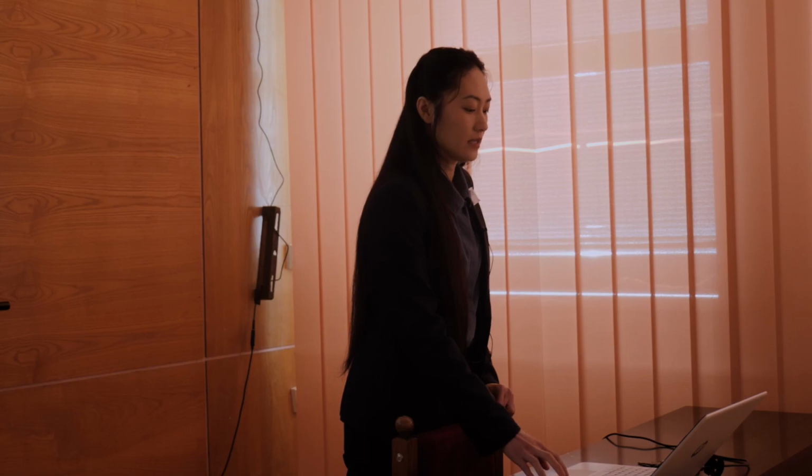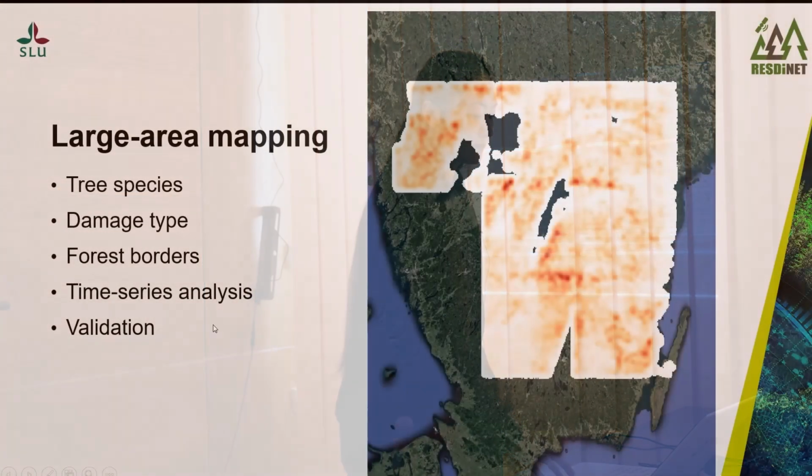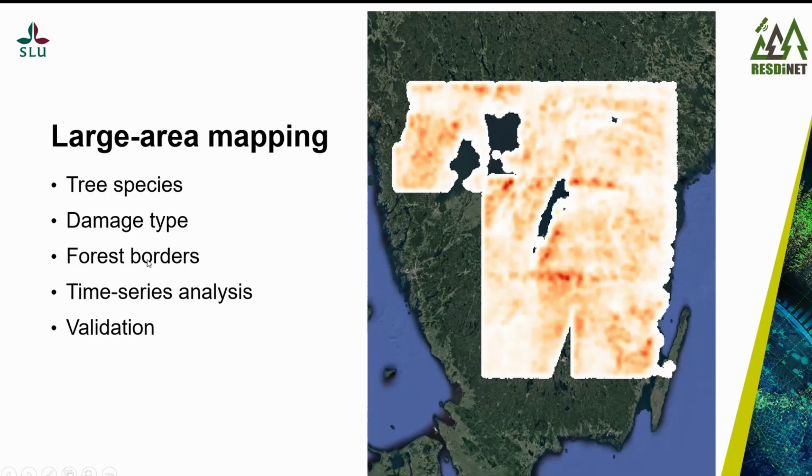Also, we only know that the trees are dying, but it's hard to know what caused the mortality of the forest. Forest borders and other structure information may also influence the spectral. So for this method, we think there is also a long way to go. We can add some time series analysis, and we also have the challenge to validate such big maps.